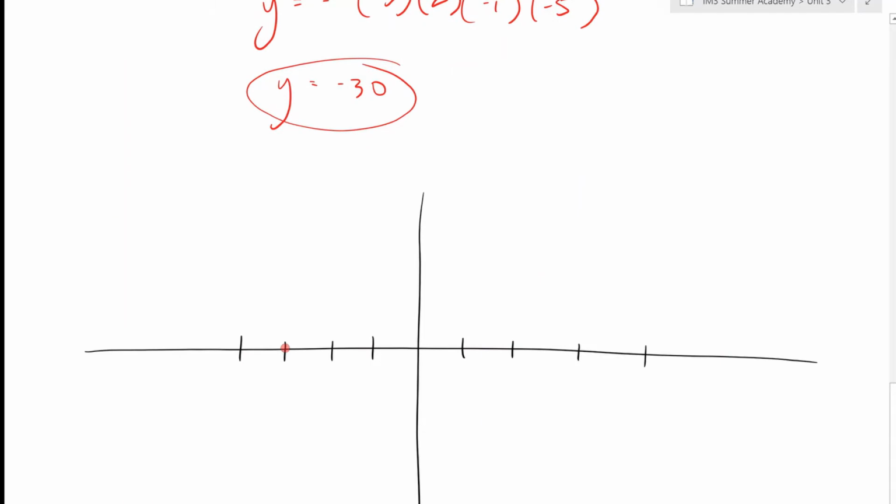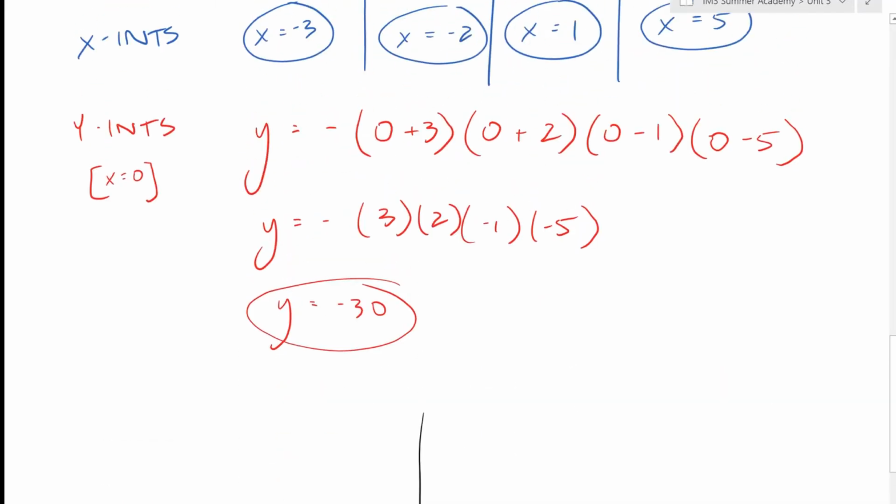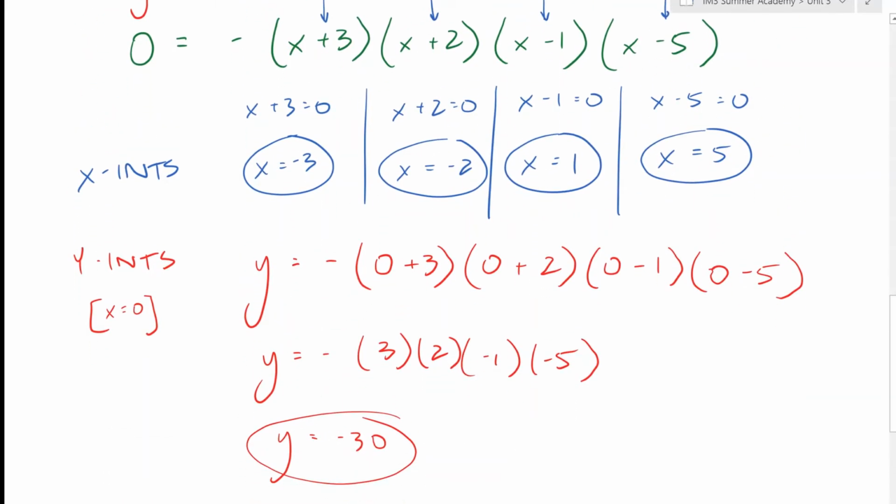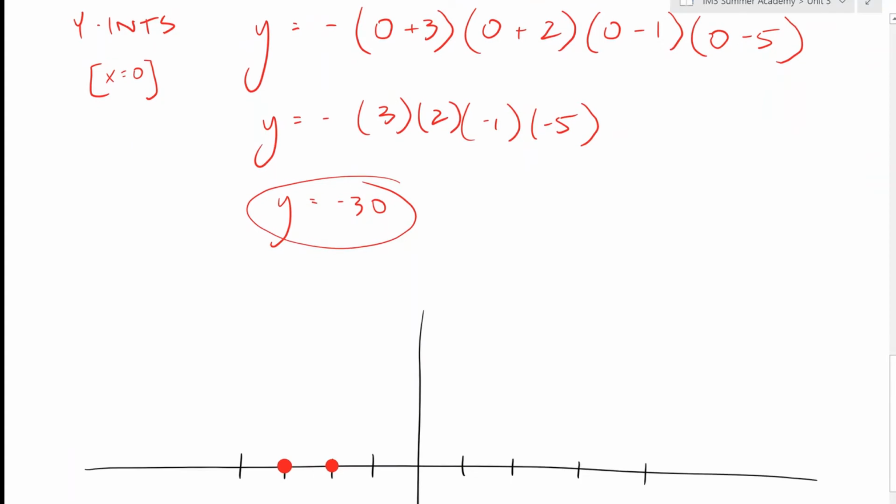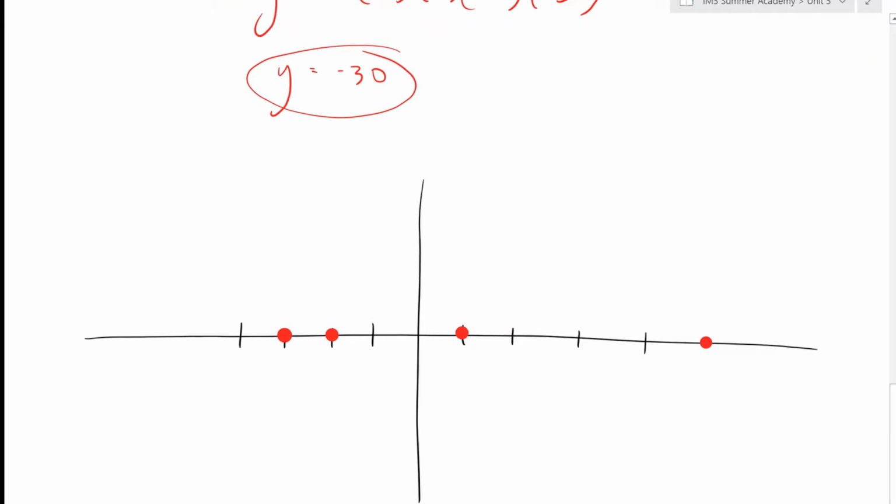So here's -3, here's -2, +1 and +5. I need one more over here for +5. Okay. I know that there's a Y-intercept at -30, and I can't get 30 lines on here, so at least I'll just say this is -30 and put my point on that.